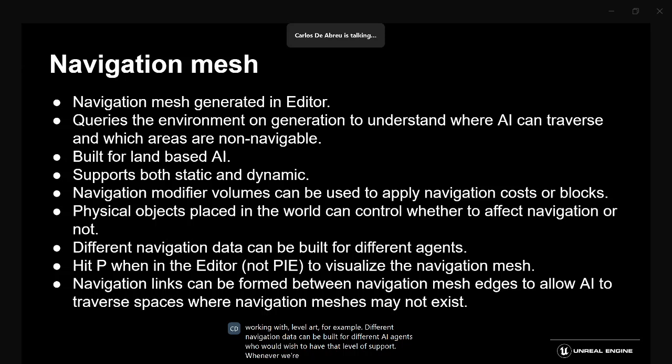Whenever we're in the editor, we can hit the P button, which is the default binding, to visualize our navigation mesh that has been placed inside the level. Navigation links can also be placed in the level and form a link between navigation mesh edges to allow the AI to traverse that space where there may not be a navigation mesh for them to do so.